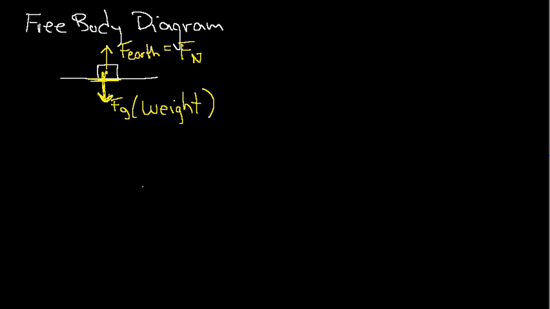Similarly, let's say we had a car, or let's say a sled. Here's the ground, let's say that's the snow, and let's make ourselves a sled here. Here's the sled in red, there's our sled, toboggan style.